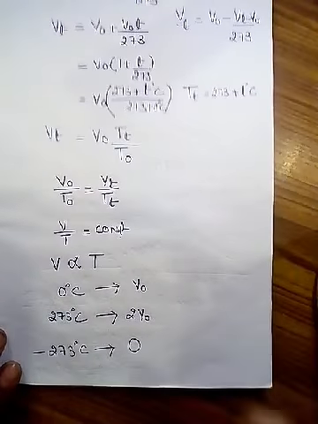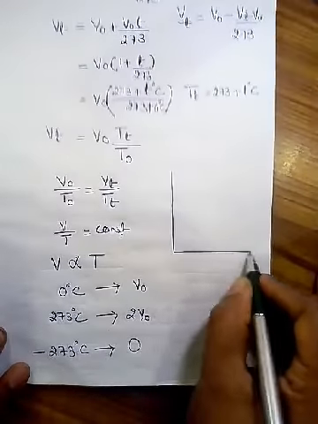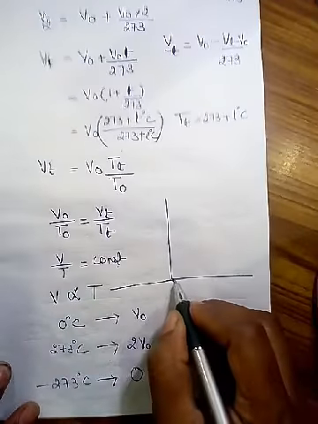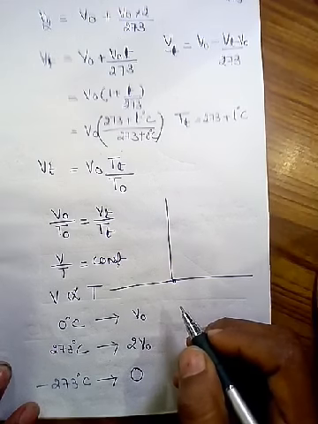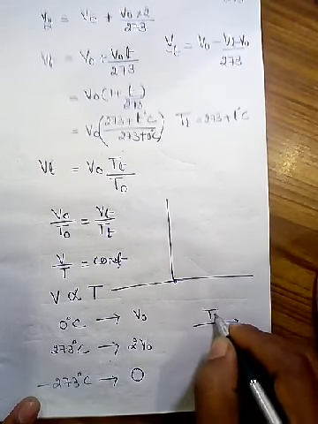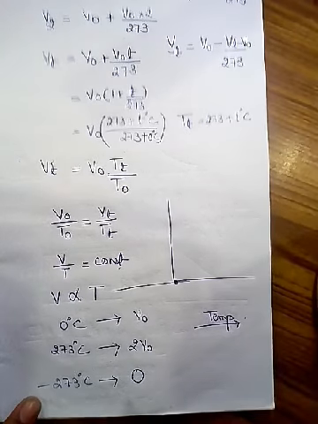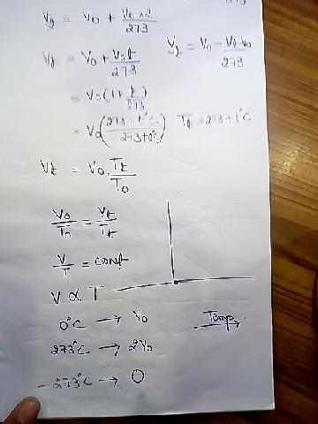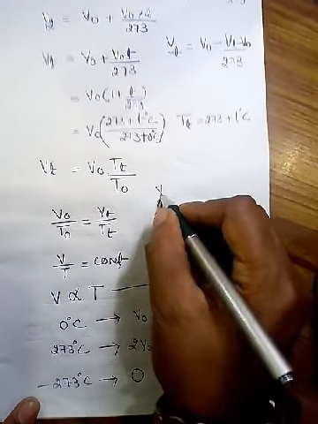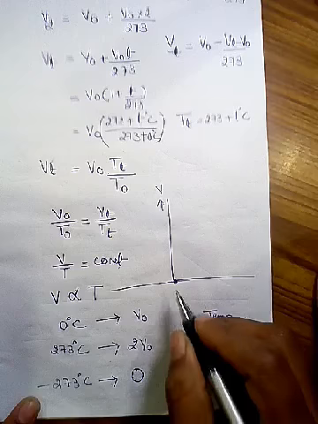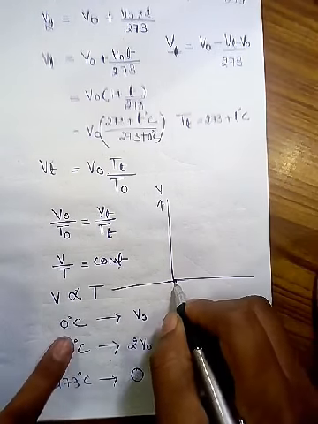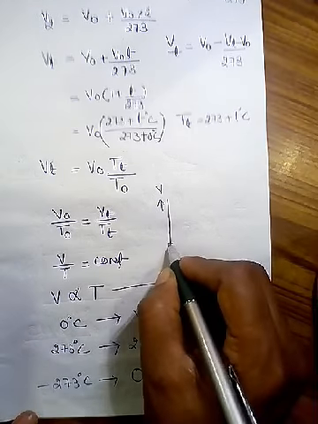So we'll take the graph. This is the origin, and we take the temperature in degree centigrade along this direction, and volume along this direction. So this is 0 degrees centigrade. At this temperature let the volume be V0.